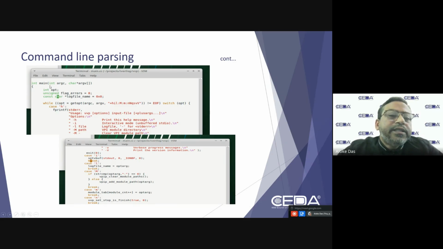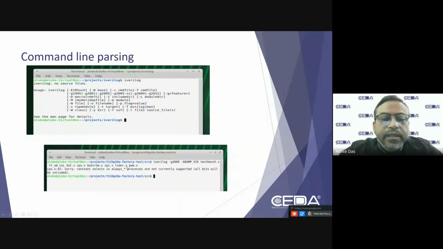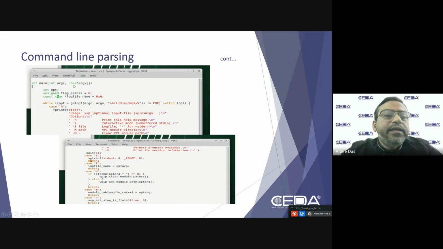So when you call this kind of software, these two arguments get some value. What are the values? I'll tell you later. In C and C++, these are called arguments.